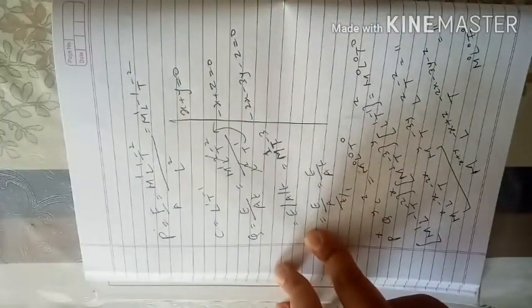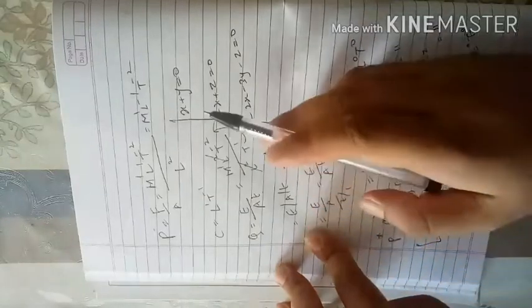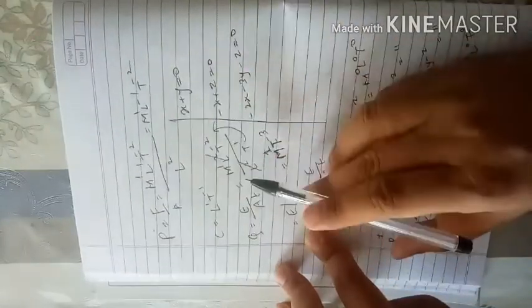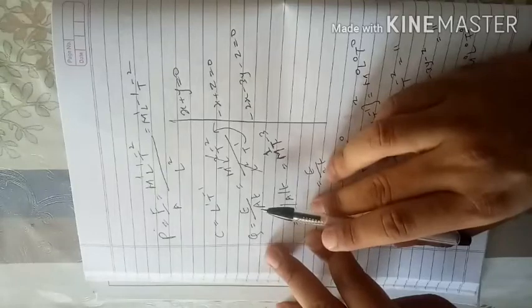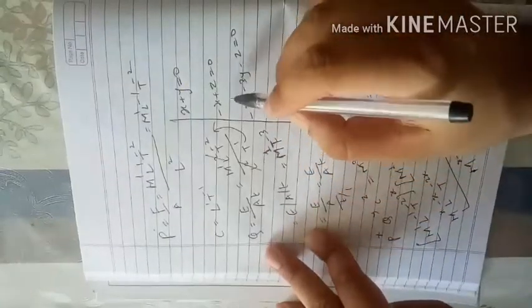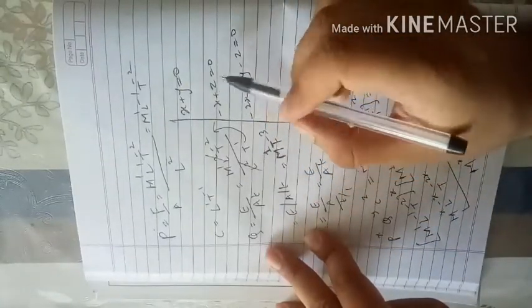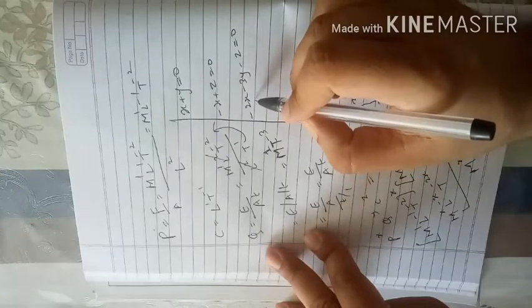Okay, so from the first one, that is, X plus Y equal to 0, we'll substitute all these things here.